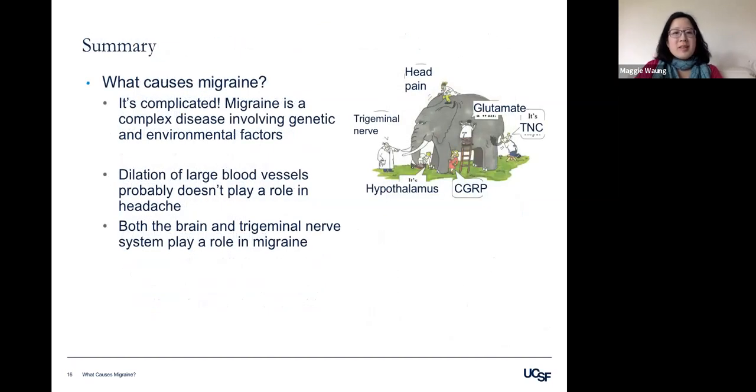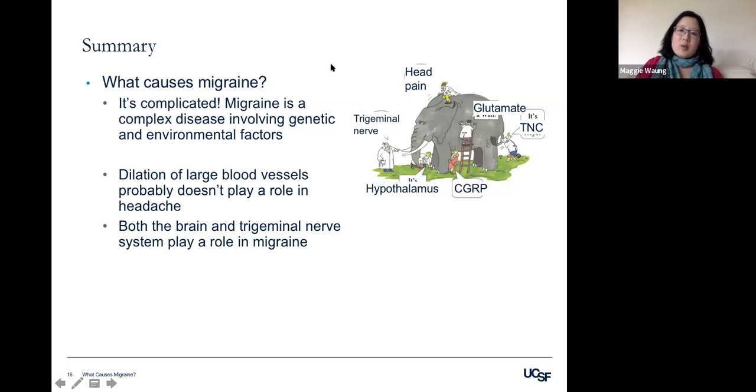So to summarize, I know that it's very complicated, but that's just sort of the state of how things are. I think a lot of us are trying to study different aspects of migraine, and the challenge is putting it all together and trying to figure out how we can better help patients and treat patients and tell patients what's going on during a headache.